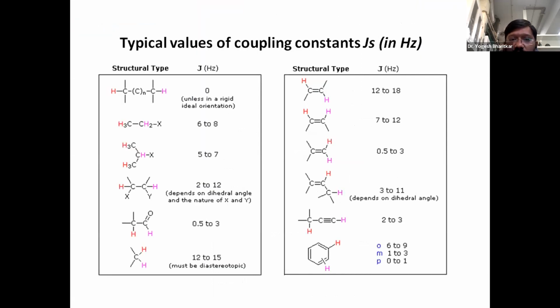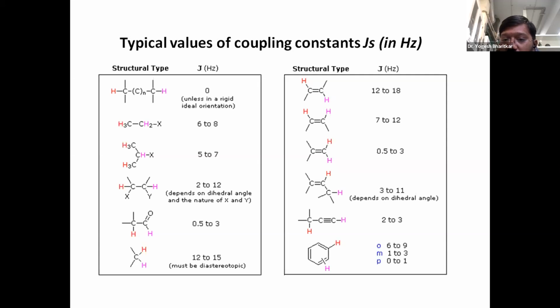In structurization, we have to know basic things like coupling constants, meaning cis coupling and trans coupling. Trans coupling is nearly 12 to 18 hertz, cis coupling 7 to 12 hertz, then geminal coupling, vicinal coupling, and ortho coupling. Ortho coupling is 6 to 9 hertz, meta coupling 1 to 3, para coupling 0 to 1.